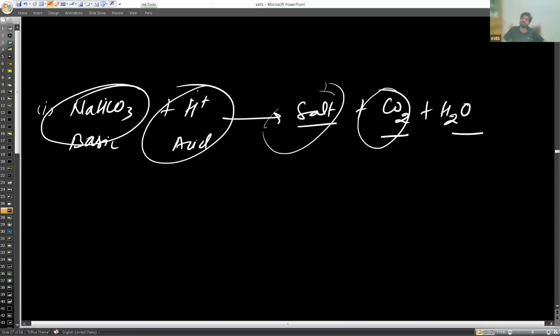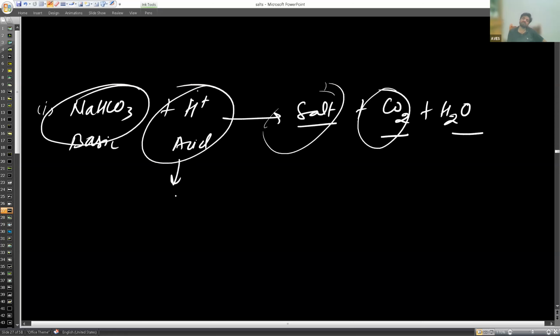So we can simply say that tartaric acid neutralizes the bitter taste of what?